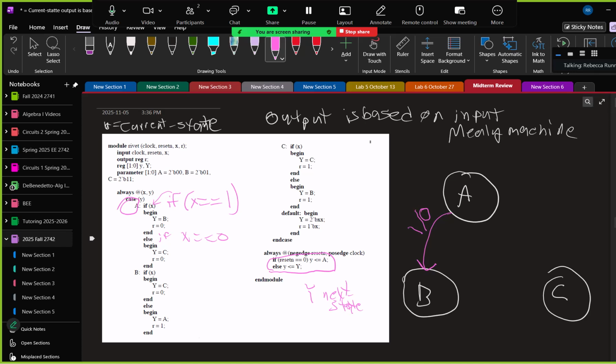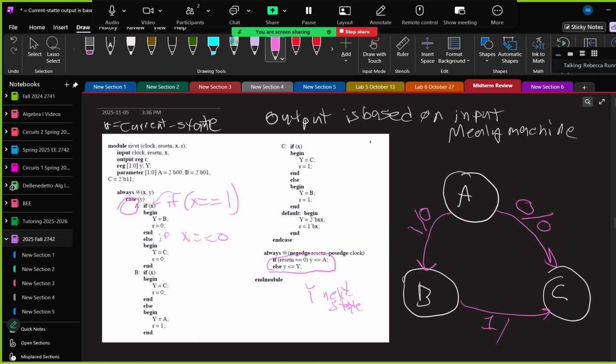Else, this else means if x equals 0. If x equals 0, my next state is C. So my input is right here, that's 0. And my output is still 0. Now from state B, if x is 1, my next state is C. So I have a 1.